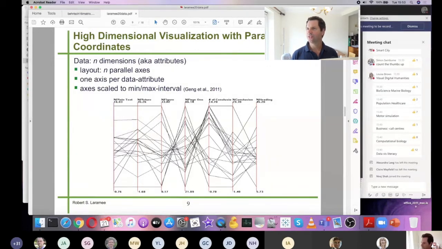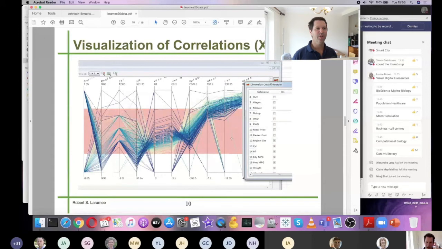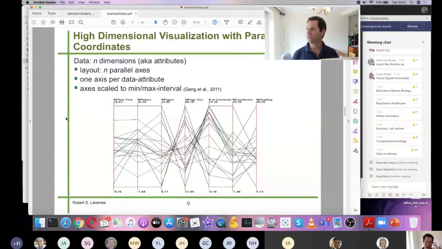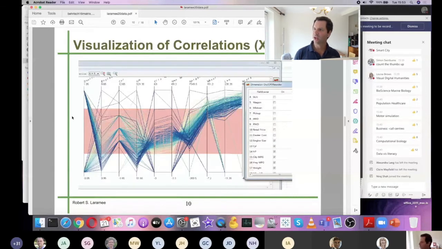Right, so this is an example of a collection of cars. Imagine we're trying to buy a car. We're trying to pick between SUVs and wagons and minivans and pickups and these other kinds of cars. We have a spreadsheet with one car on every row, and all the different attributes of the cars are represented in columns.